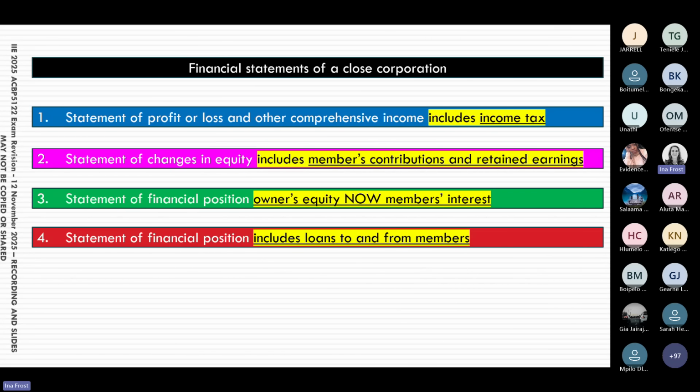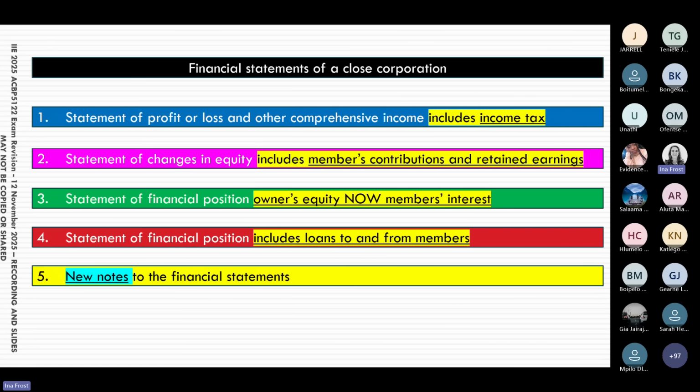We also now have, with a closed corporation, the members can make a loan to the closed corporation, or they can take a loan from the closed corporation, and those loans will be shown either as current assets or current liabilities, depending if the loan was made by the member or if the loan was received by the member.